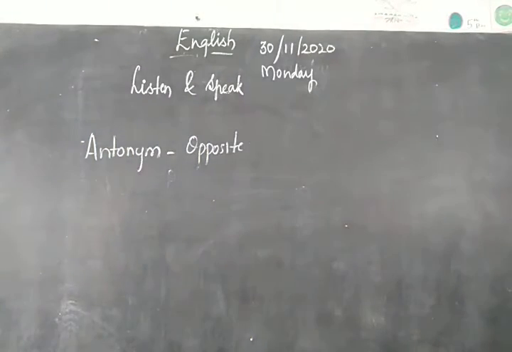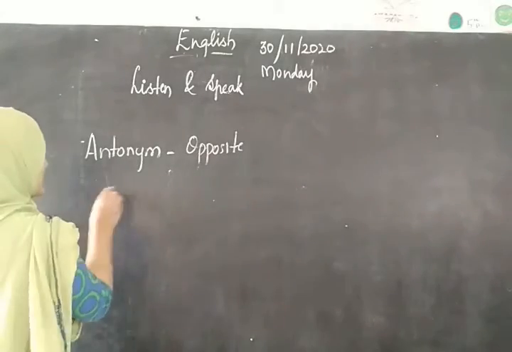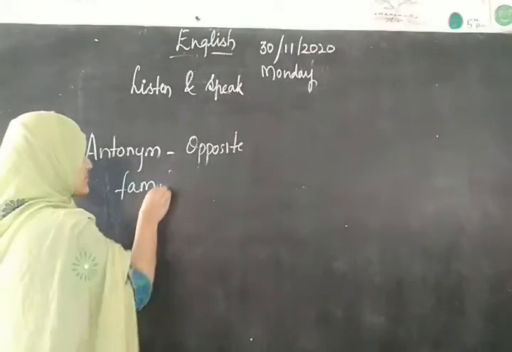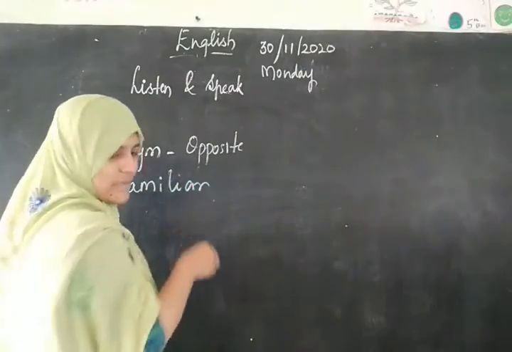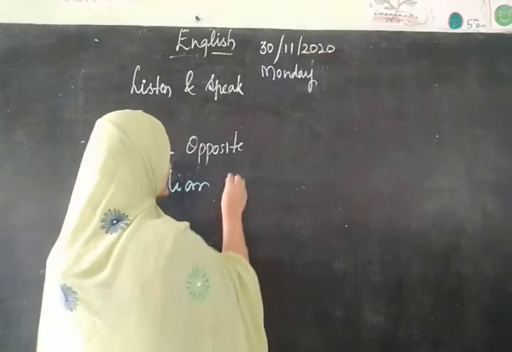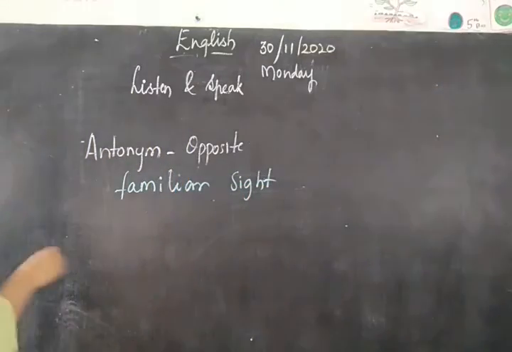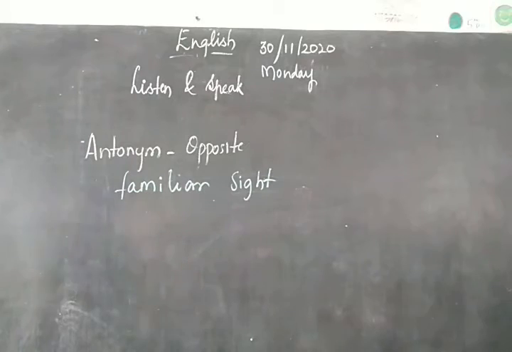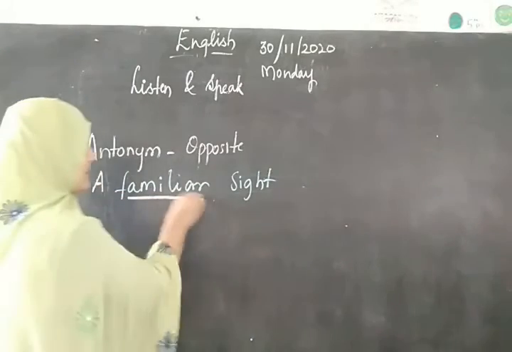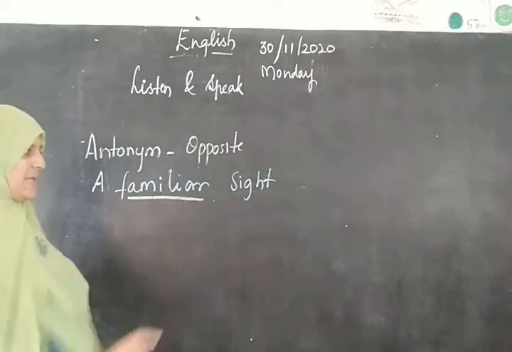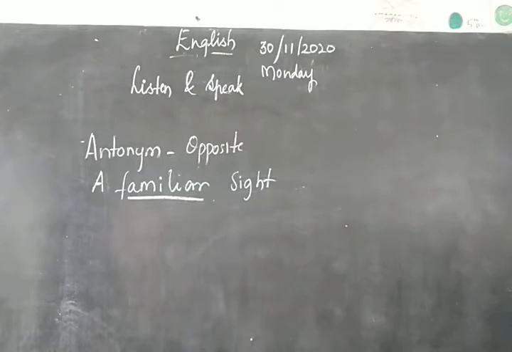They've given the words familiar sight, with an article. Now you have to make familiar into its antonym. How will you make it?